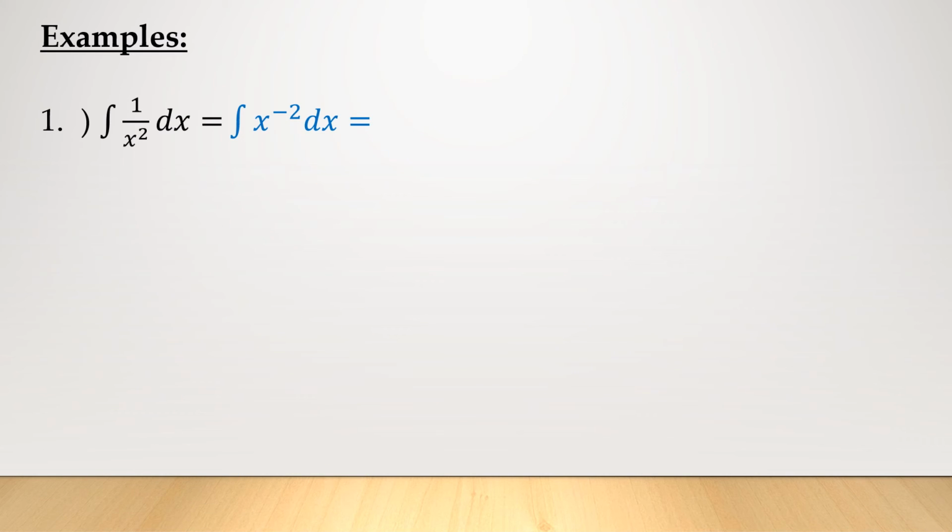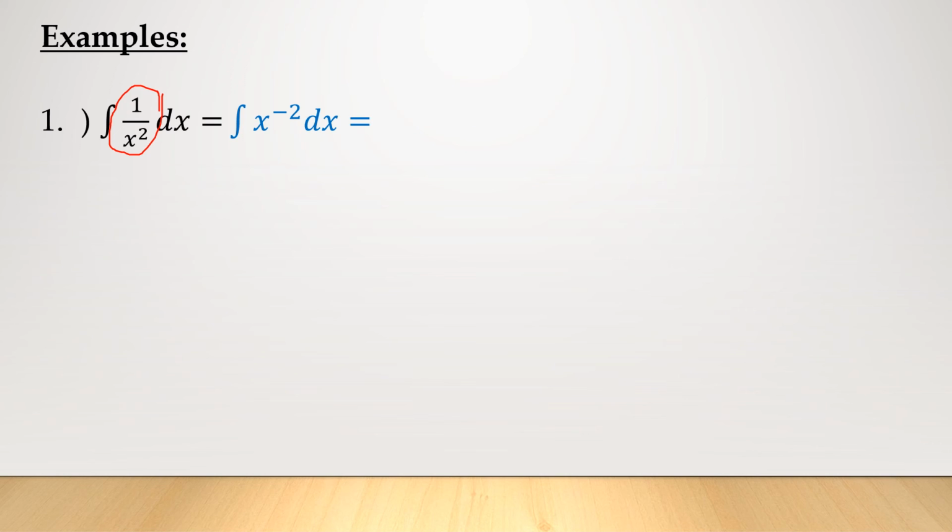Okay, so here's another example. What if ang given function natin dito is 1 over x squared dx. Now, doon sa binigay ng mga theorems, wala doong directly sinasabi sa atin kung paano natin isosolve kapag ang given function sa loob ng integral sign is in this form, like a fraction.